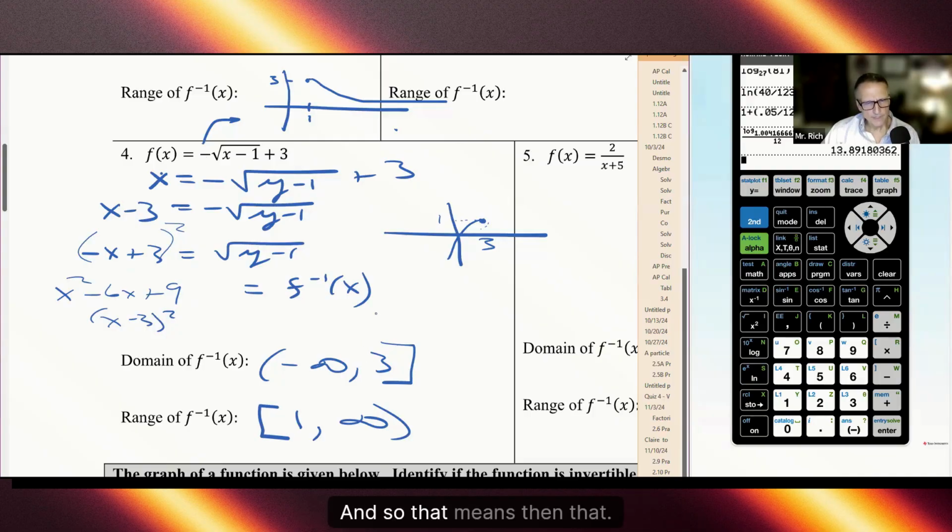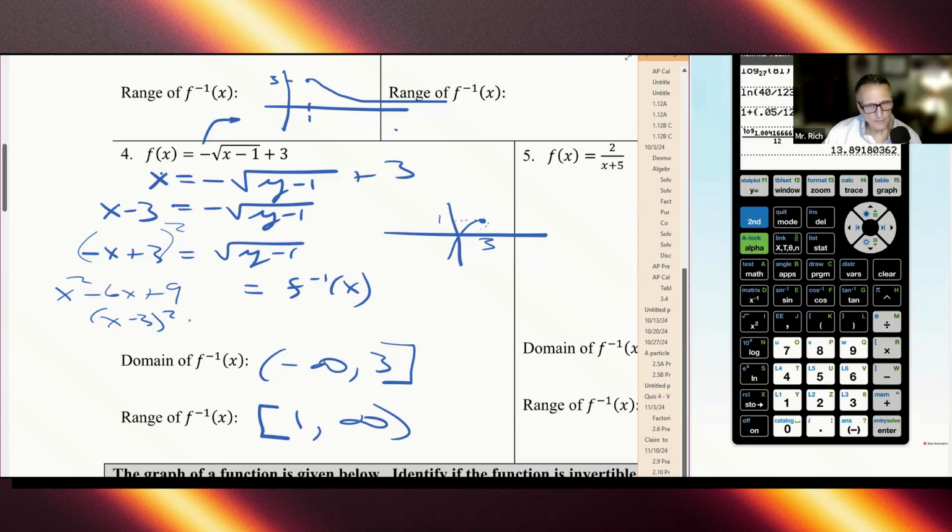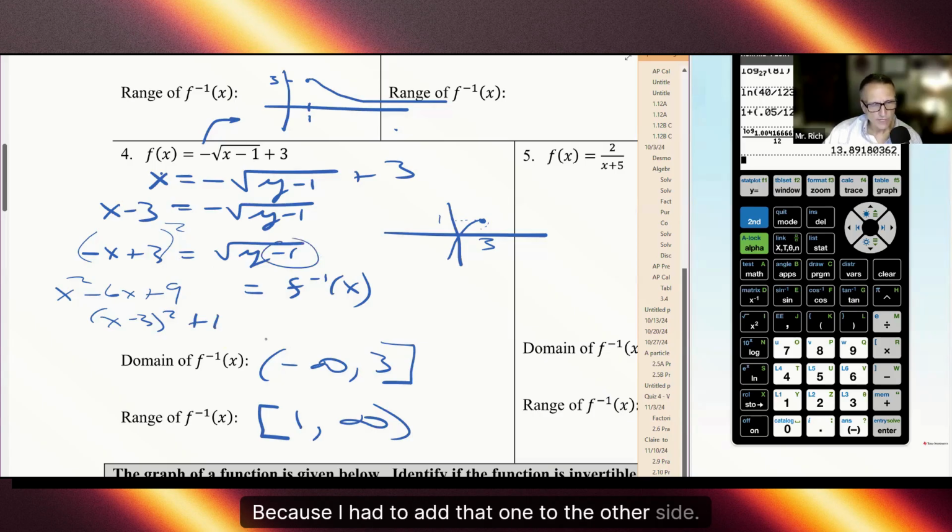That makes more sense, because the range would be from 1 to infinity, since there's still a plus 1 out here, because I had to add that 1 to the other side. So the vertex is at 3, 1, it opens up, and we're only including the left-hand portion of it.